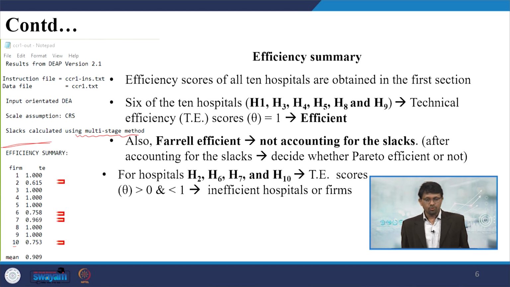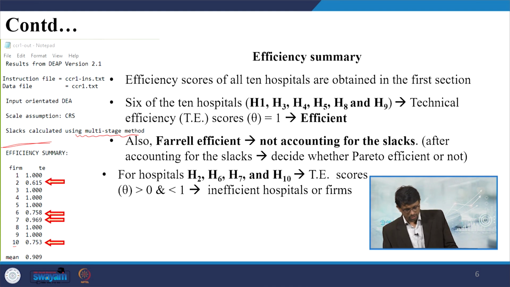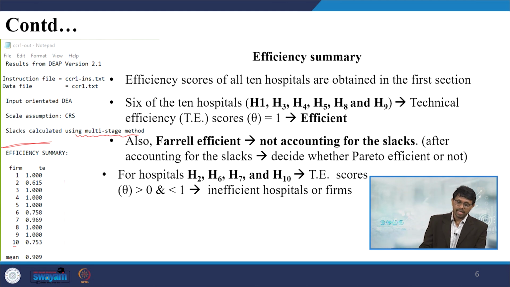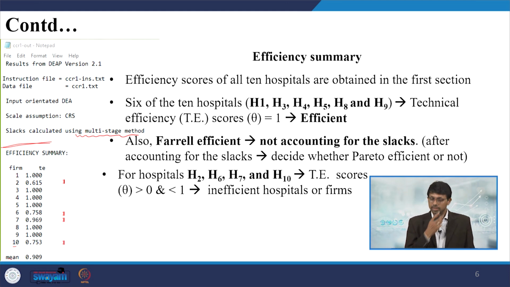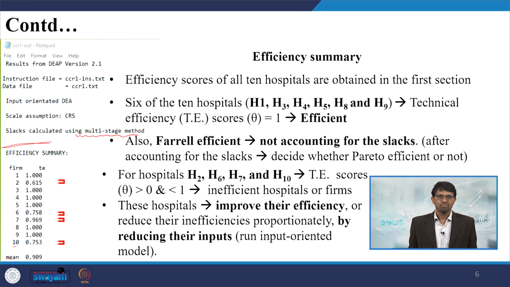Okay. For hospitals 2, 6, 7 and 10, the technical efficiency scores are less than 1, but positive. Hence, they are called inefficient hospitals or firms.